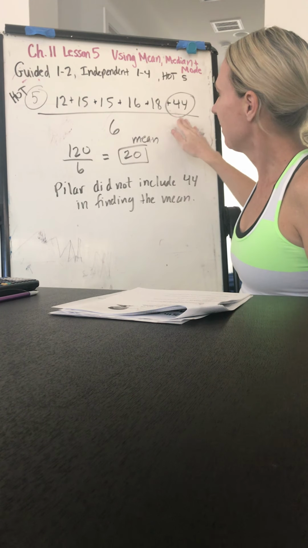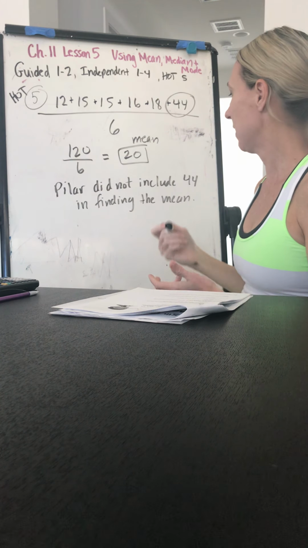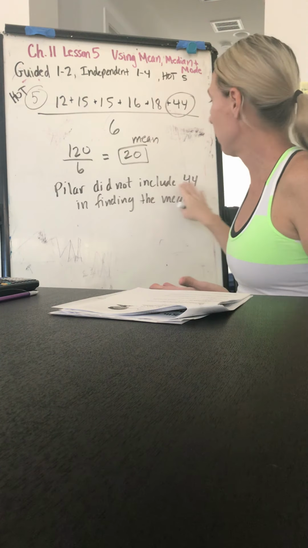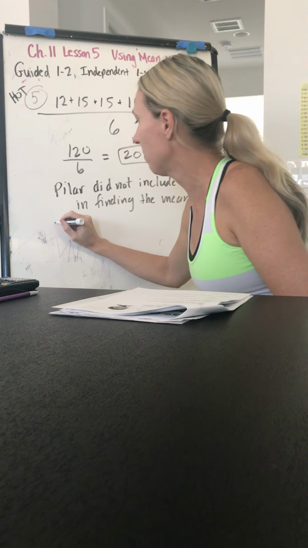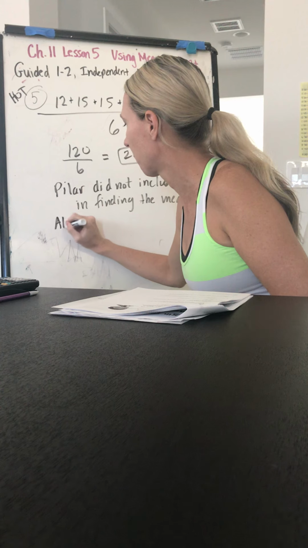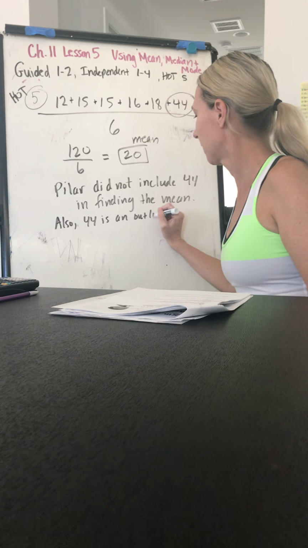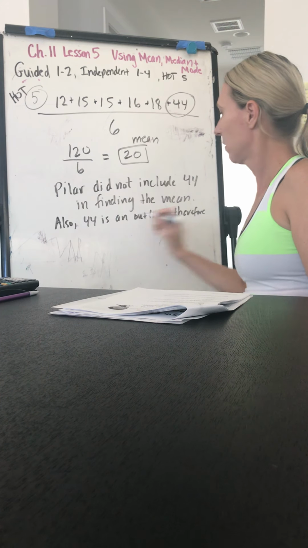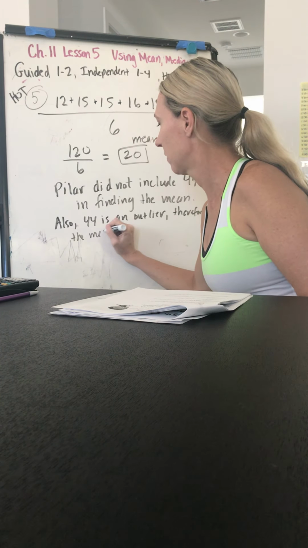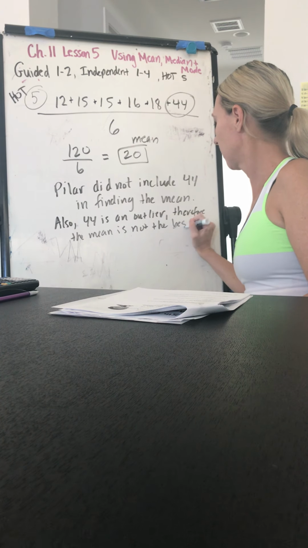So because of this, I would not use the mean for this data set. So you could also say, when she found the mean, she didn't include 44. Also, 44 is an outlier. Therefore, the mean is not the best measure.